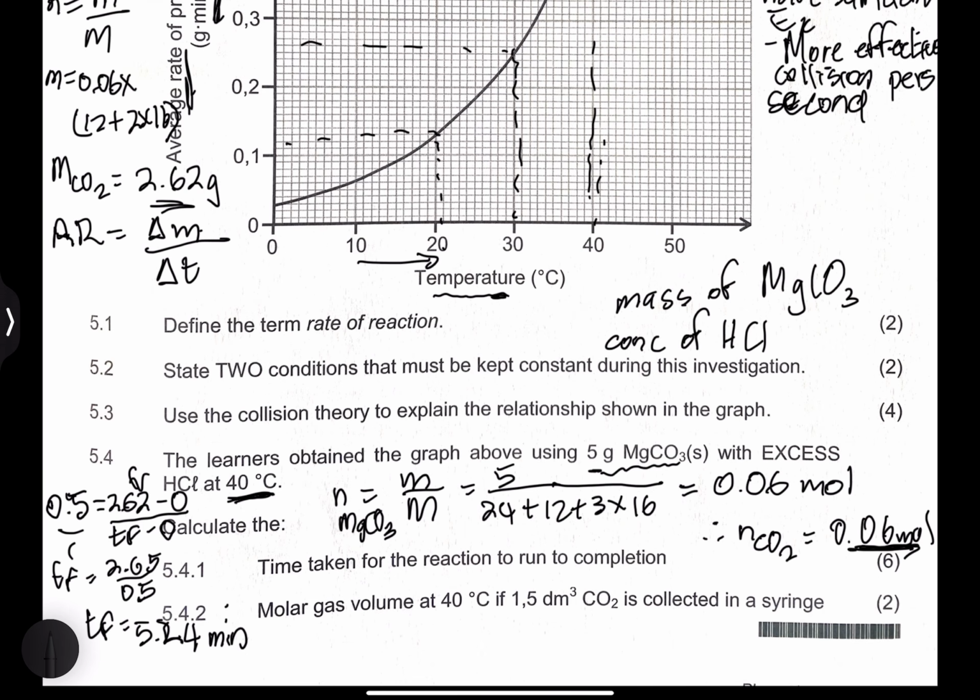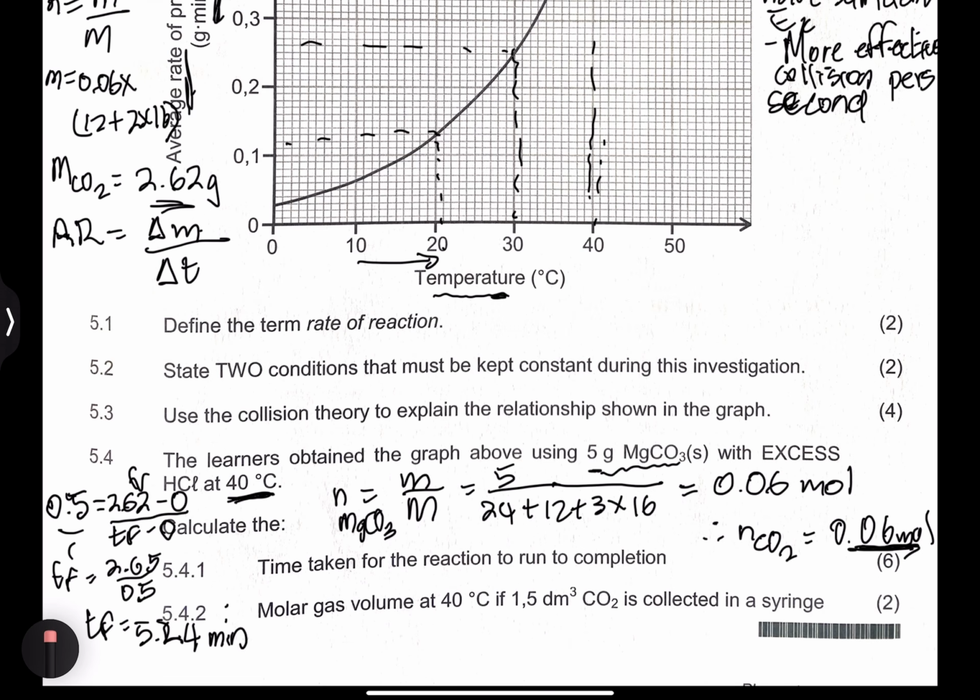All right, now let's go to the next question. I'm going to try and make some space here. Now they say to us, calculate the molar gas volume at 40 degrees, if 1.5 cubic decimeters of carbon dioxide is collected.